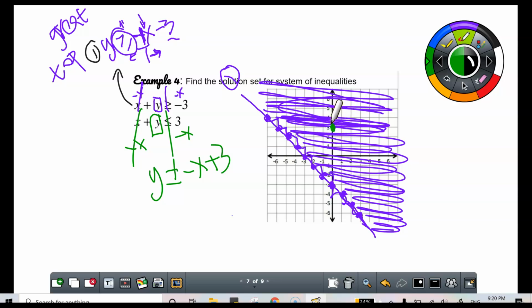And the slope is -1/1, so we go down 1, go right 1 from the y-intercept. Down 1, right 1. Keep doing it.